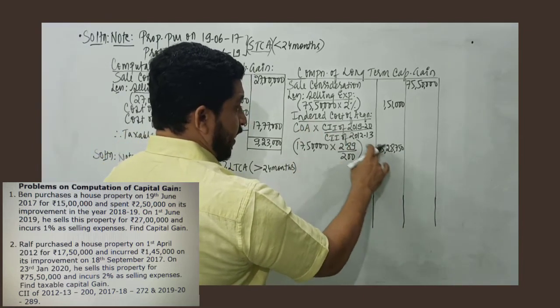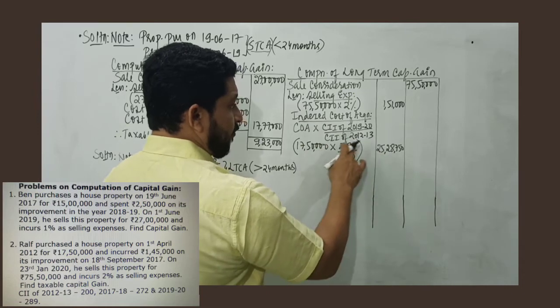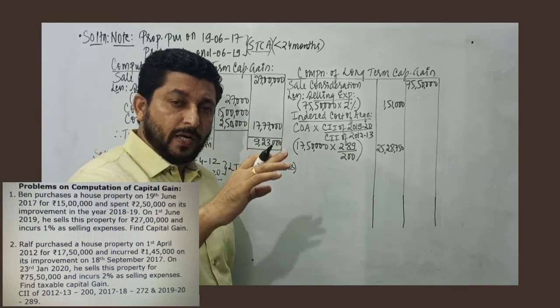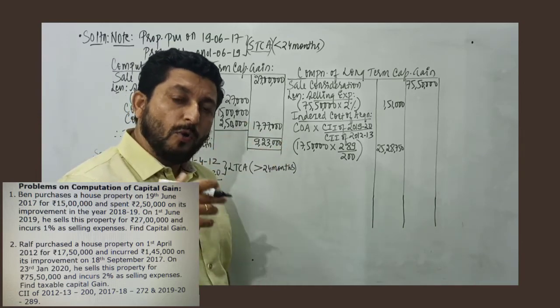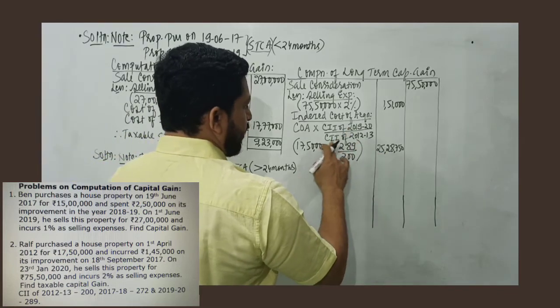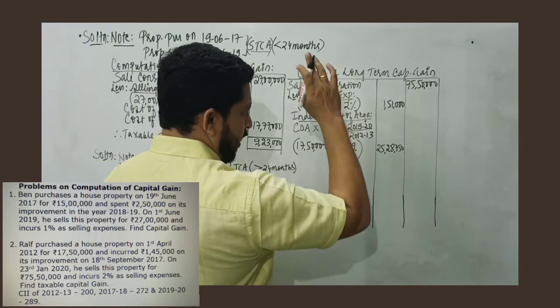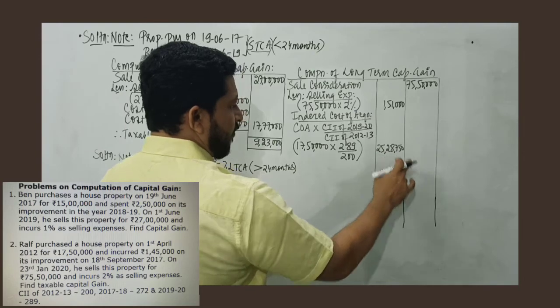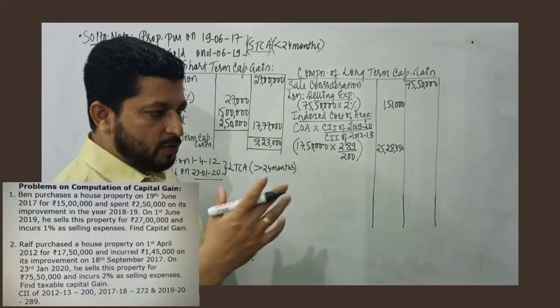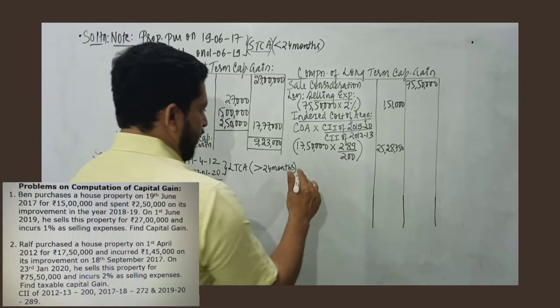Indexation is basically done because this 17,50,000 was paid in 1213. If the same property had to be purchased today, how much amount would have been paid? So based on indexation, we calculate that the same 17,50,000 from 8 years ago is now 25,28,750. The indexation factor is given, so taking CII, we can calculate this.